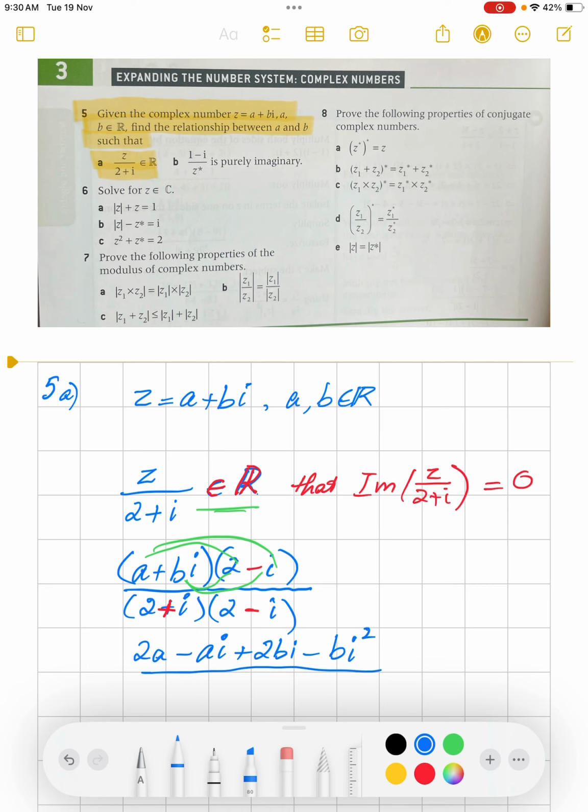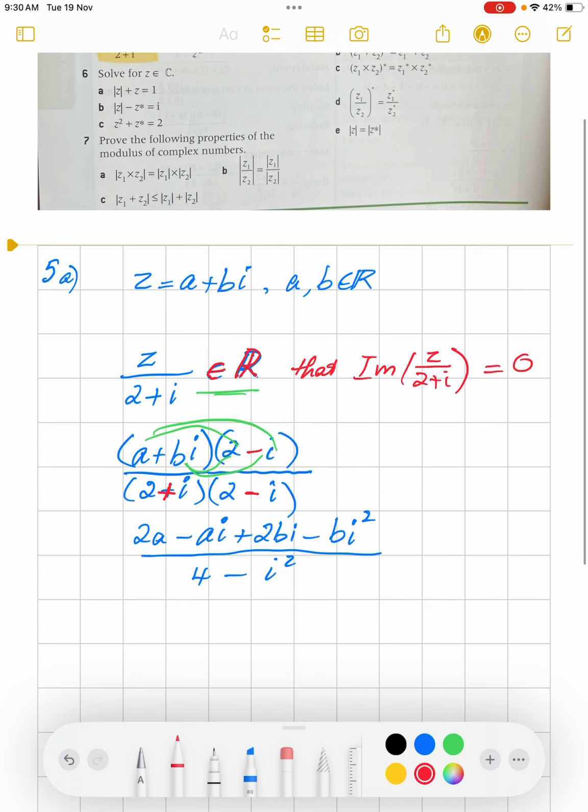over. Now this is a difference of squares, so 2 squared is 4 and minus i squared. Now we can replace the i squareds because i squared in complex numbers is -1. Therefore we've got a negative bi squared there. We will change that to negative b times -1, change that to b, and we've got i squared underneath. Let's change that to -1.